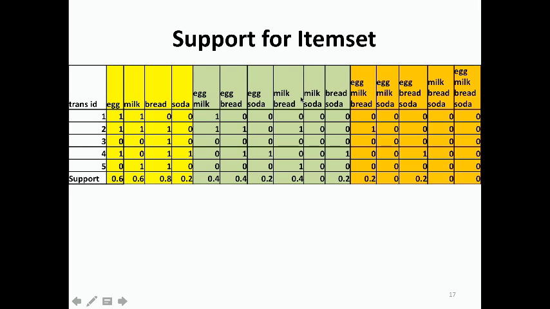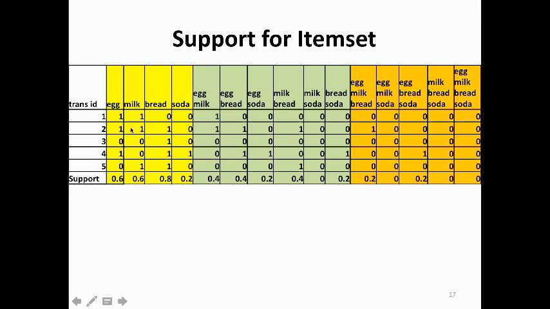And these are all of the combinations of two products, so a set that contains two products, and we can code whether these two products have been purchased in this transaction. Egg and milk both have been purchased, so that's 1. All the other combinations of 2 are zeros.